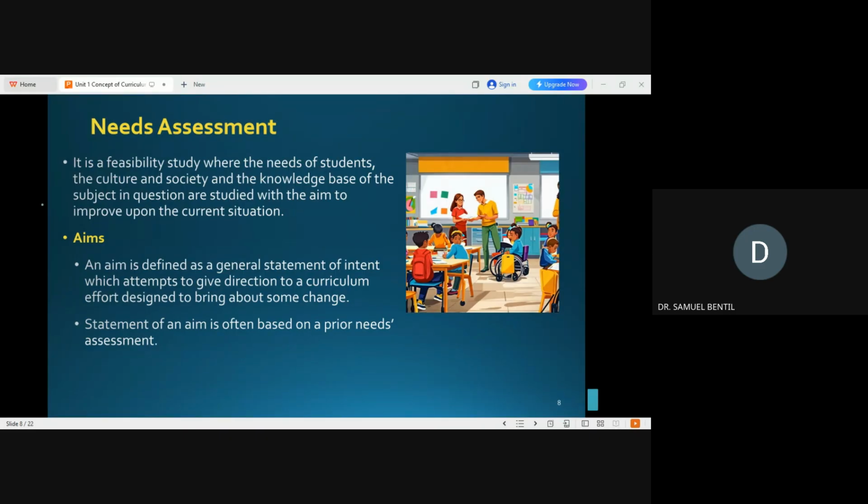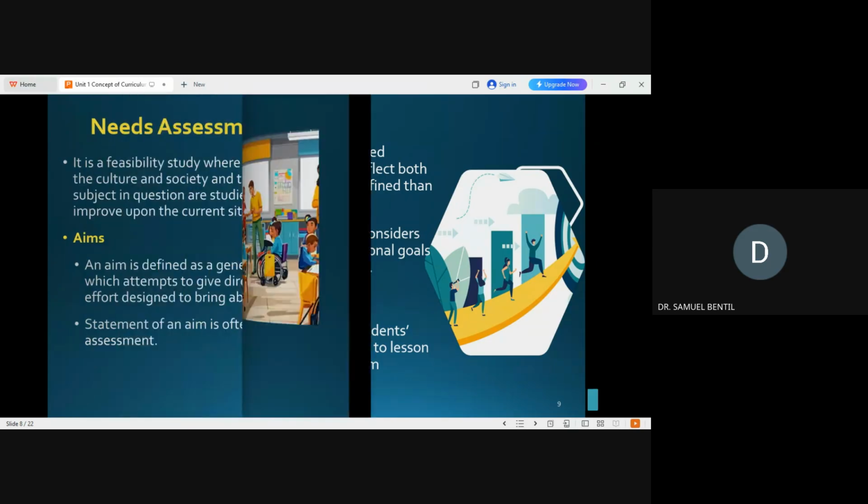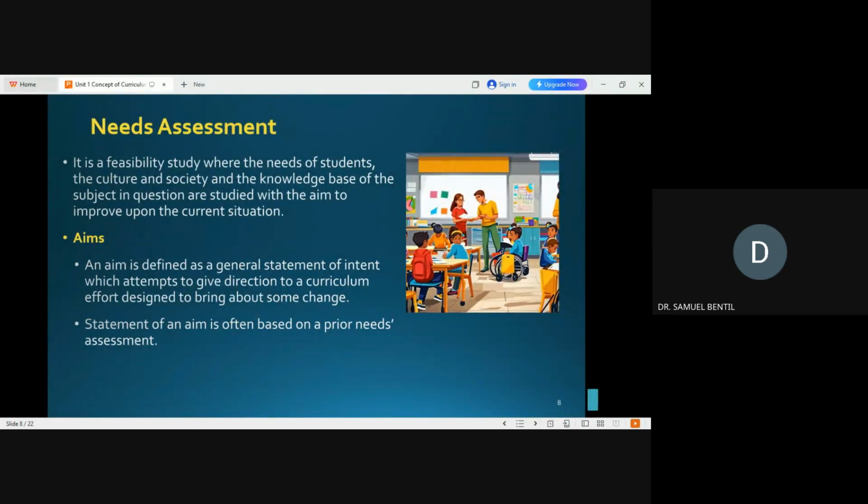For example, the program that you are currently pursuing, the BS Social Science Program, Geography major, we can say that the aim of the program is that by the time you end this program, we'll be able to train geography teachers who can teach the various branches or aspects of geography in the senior high school efficiently and effectively.